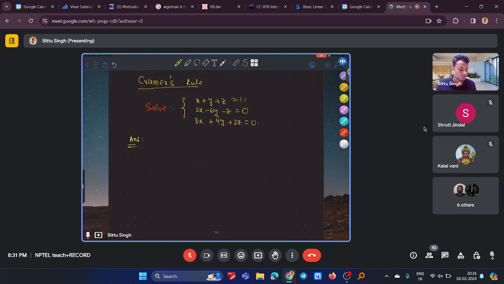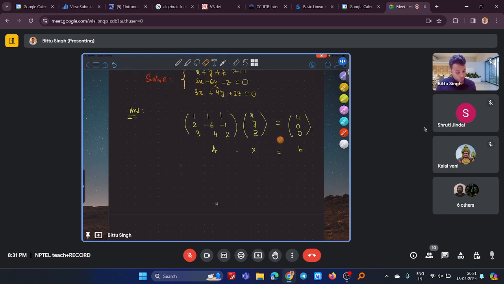Answer. This system can be written as the matrix [1, 1, 1; 2, minus 6, minus 1; 3, 4, 2] times [x, y, z] is the same as [11, 0, 0]. This is A, this is x, and this is B. This is A times x equal to B. Now, what is the determinant?